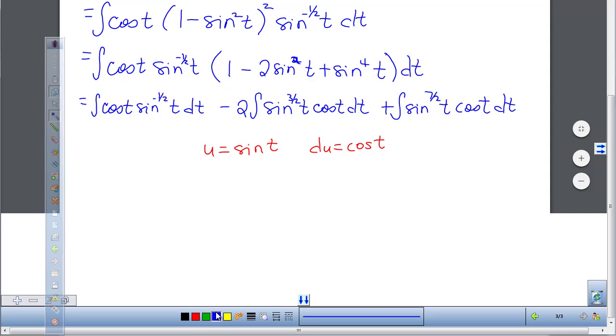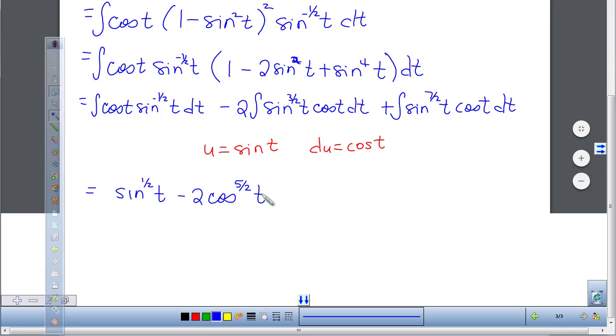So this will be what? If I add 1, it's going to be sine to the 1/2 t. Over here, we're going to get minus 2 sine to the what? 5/2 t.